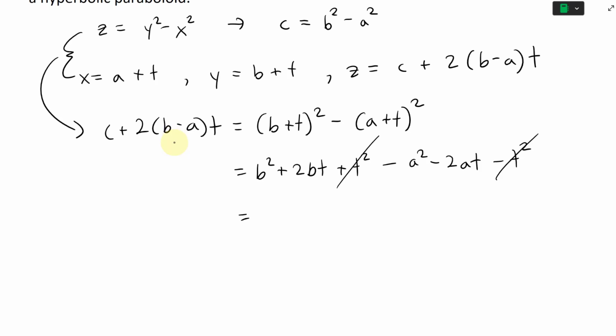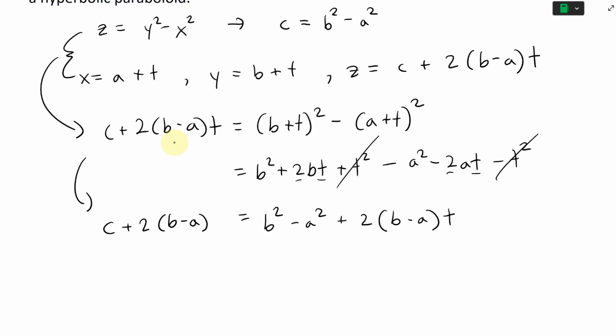Now we close this off. The t squared terms cancel, and we get b squared minus a squared. Also look at the like terms with 2 and t: we can factor those out and get 2 times b minus a times t. Then bring this down: it equals c plus 2 times b minus a times t.